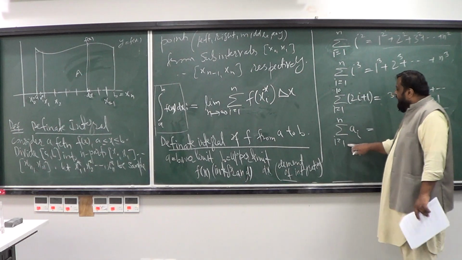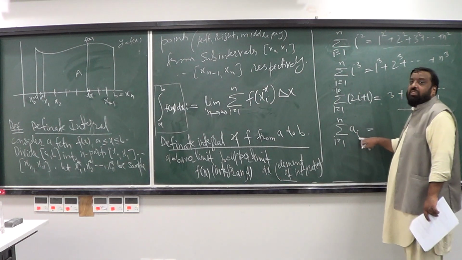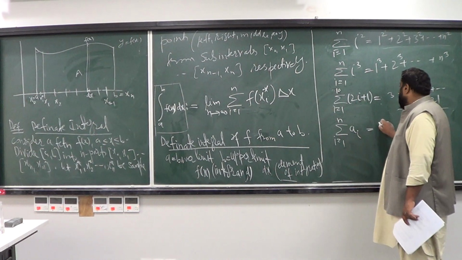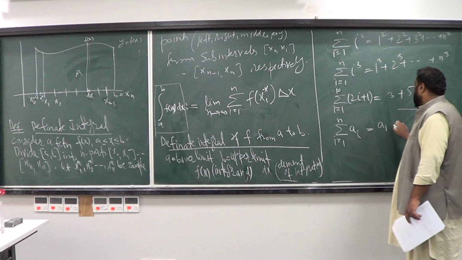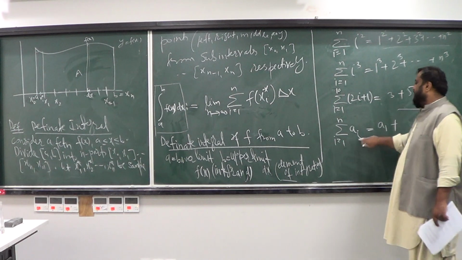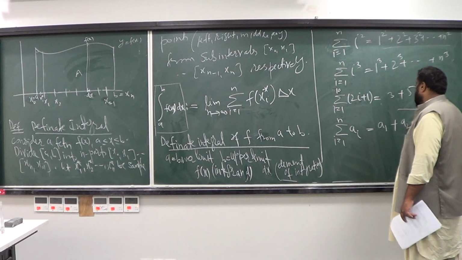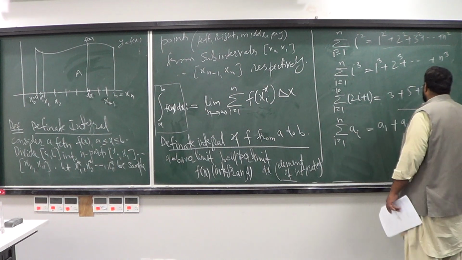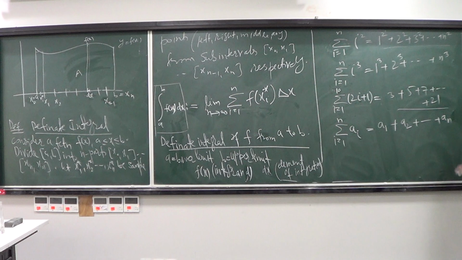Take i equal to 1 and substitute wherever the i is. So it's going to be a1, then take 2, substitute a2, plus so on and so forth up to a_n. So that's a shortcut way of writing the sum.